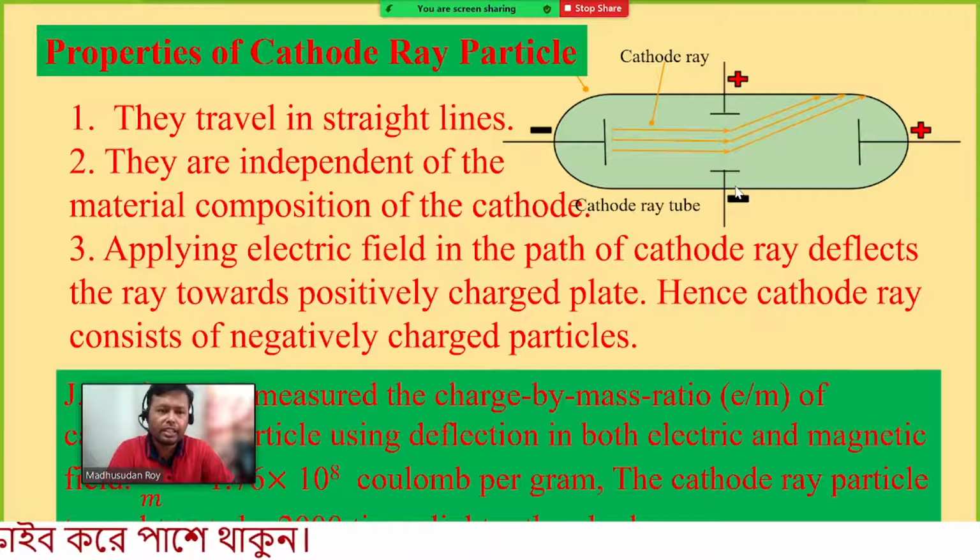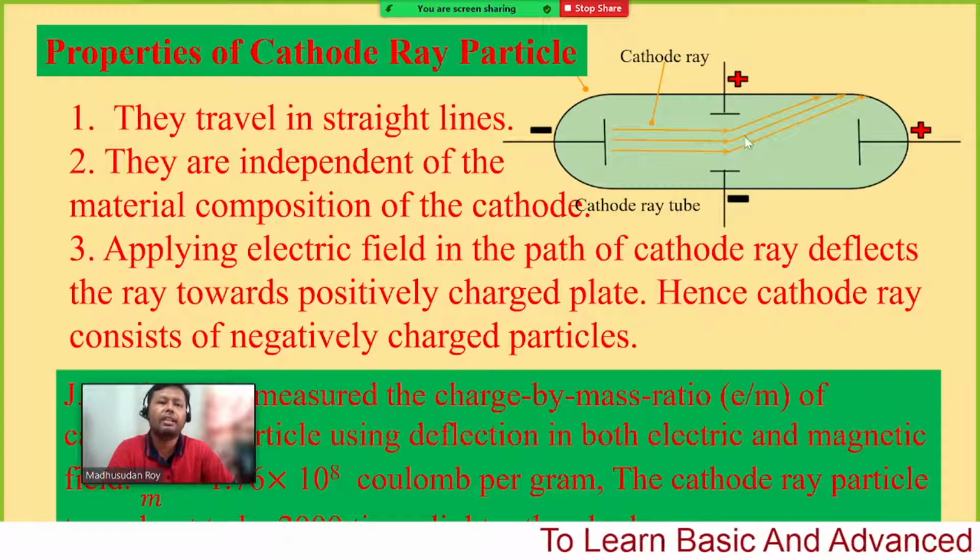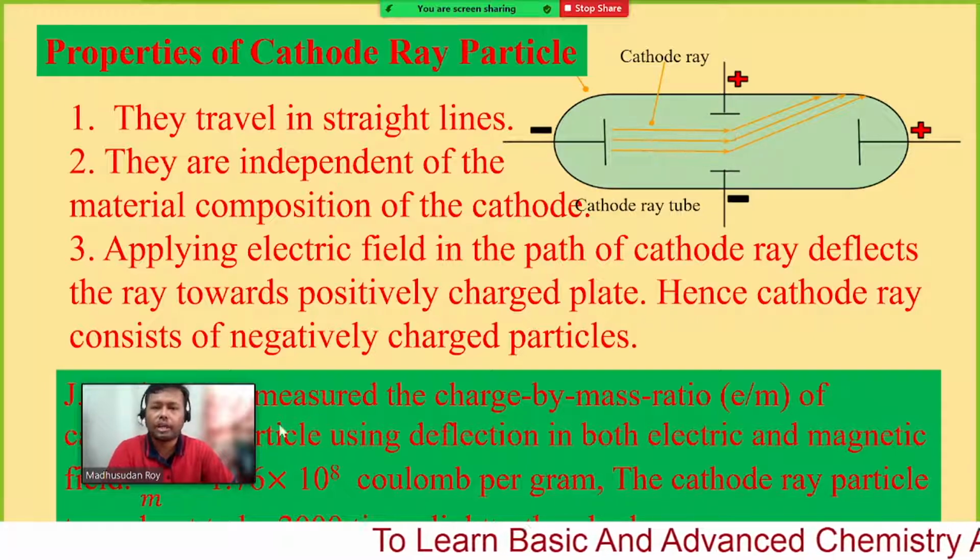If there is a negative charge, what will happen? It will go far away from the negative charge, because negative and negative repel each other. And if it is positively charged, then it will come closer to the positive charge, because negative and positive charges attract each other.